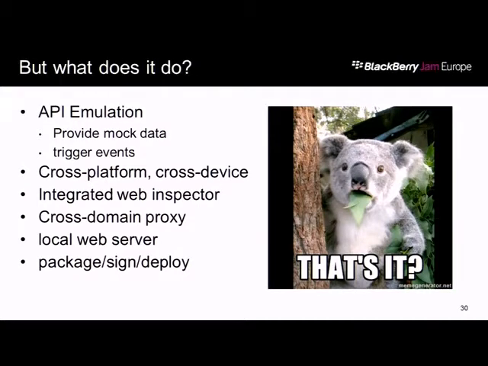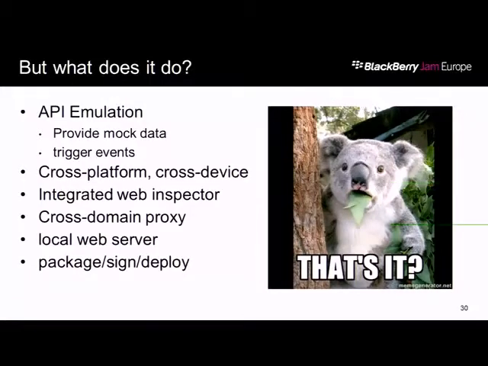So things like battery events or GPS information you can inject into the application and have it respond to those events. It's cross-platform and cross-device, so you'll find that if you target PhoneGap, Apache Cordova platform in Ripple, you can test against an Android device or an iPhone and see how your application will work cross-platform.